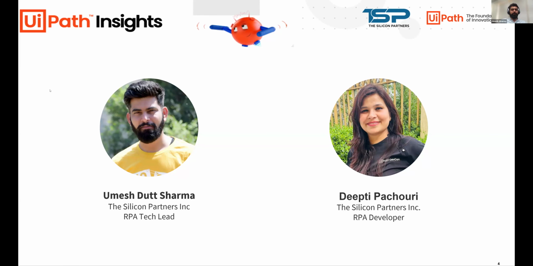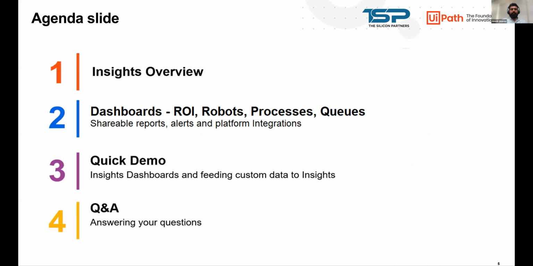Moving to the agenda for today's session. The session's agenda is to give you an overview of UiPath Insights and who it is for. Then we will describe the importance of UiPath Insights and how it benefits in measuring automations.